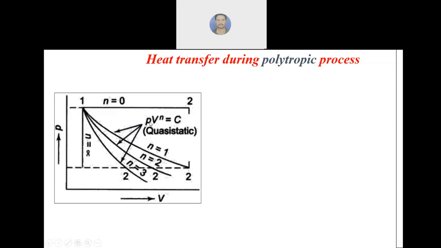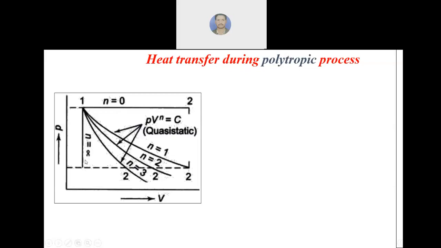Then P is very small, so you can neglect P, which means you will get volume equals constant. You can see here, this process is nothing but a constant volume process. If you remember, a vertical straight line is nothing but a constant volume process.